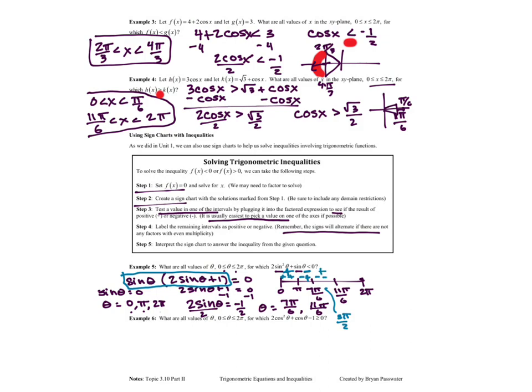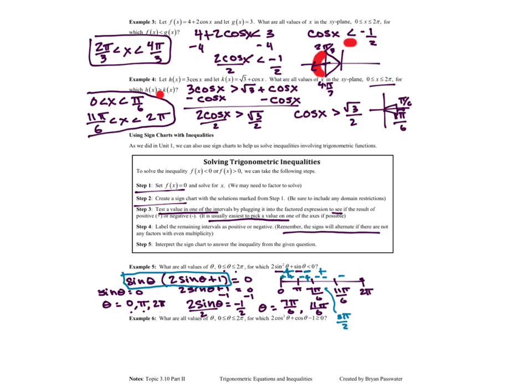Pick a number between 11 pi over 6 and 2 pi. Well, I want sine of that number. So I'm going to call it a negative quarter, because sine of 11 pi over 6 is negative 1/2. I want some number between negative 1/2 and 0. Pick negative a quarter. Okay, so that's negative for sine theta.